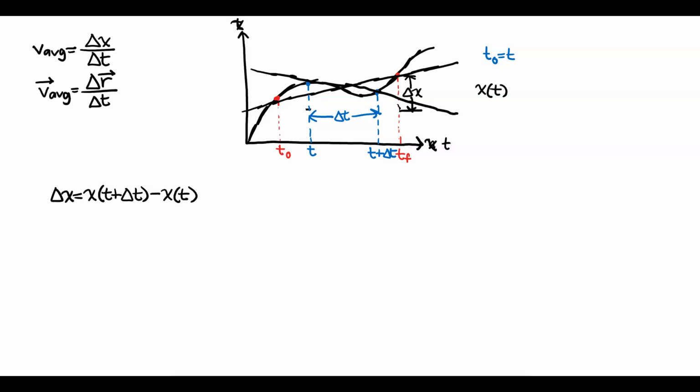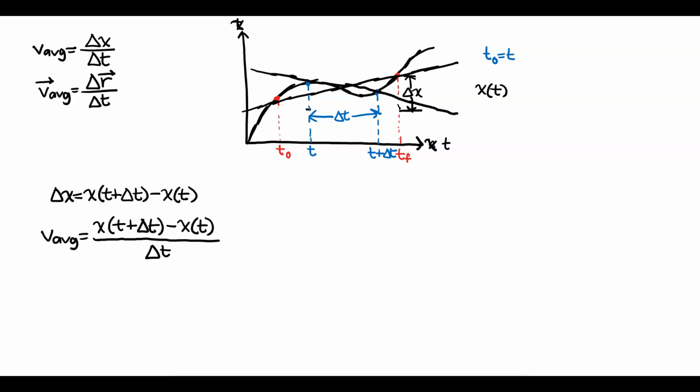It's just the change in position over here. Now, that means that the average velocity, in the x direction of course, will be x of t plus delta t minus x of t, so that's our change in x, over the change in t, delta t.